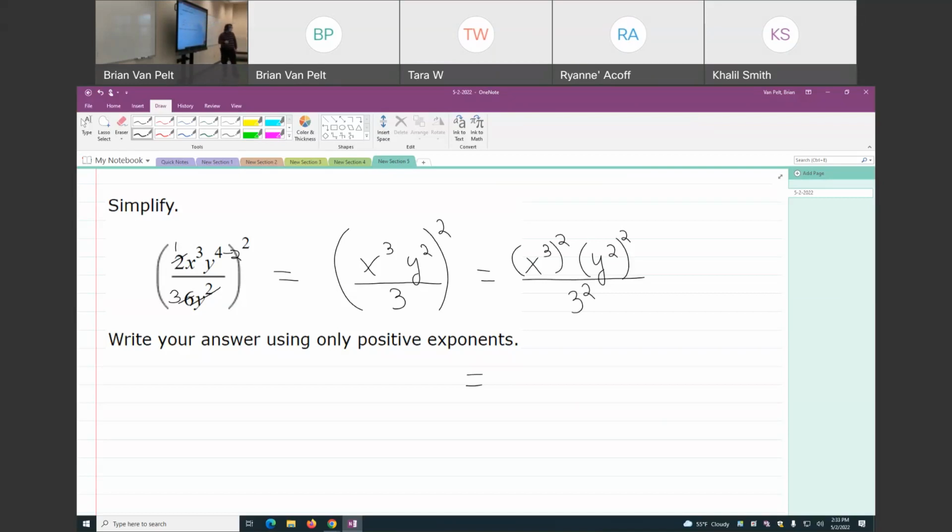What's x cubed to the second? X to the sixth, right? So you're gonna have x to the 3 times 2 up there. 2 times 2, that'd be y to the 4th. Almost done. X to the 6th, y to the 4th.